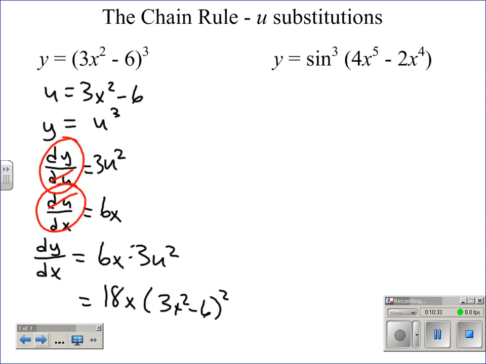The chain rule is called that because we can always add links to the chain. First, we must determine the order in which the functions are evaluated. We do the 4x to the 5th first, so it will be u. Then we take the sine, so it will be v. Then we raise to the 3rd power, so it will be y.